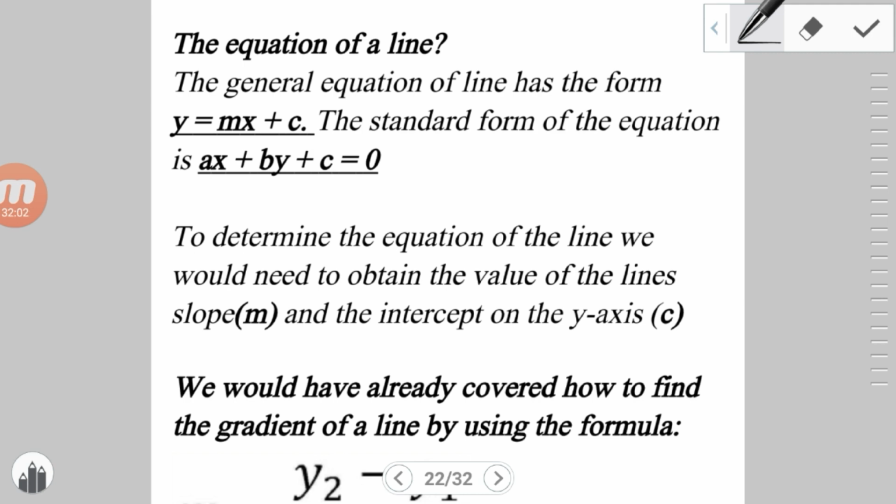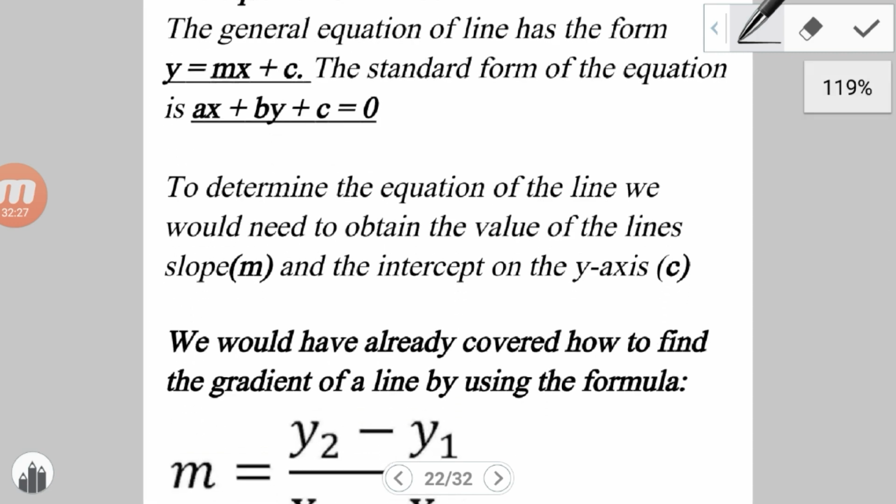So occasionally, depending on the structure, depending on the objective of the question, they may say write the equation of the line in the form y equal mx plus c, or write the equation of the line in the form ax plus by plus c equal 0. I have questions in this tutorial that show you how to do both, so stay tuned for that.